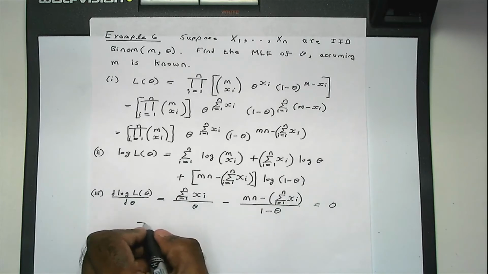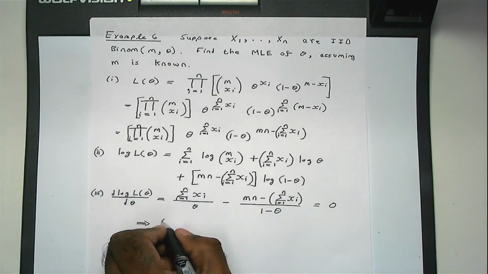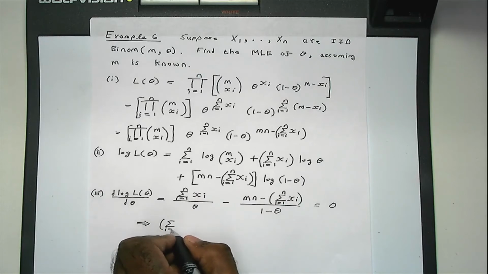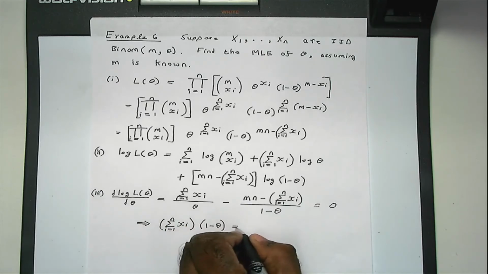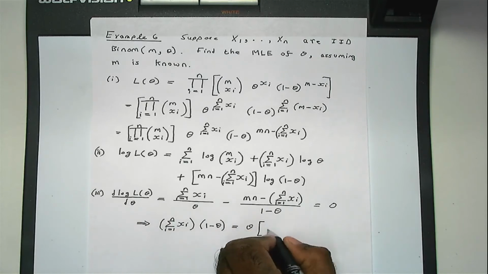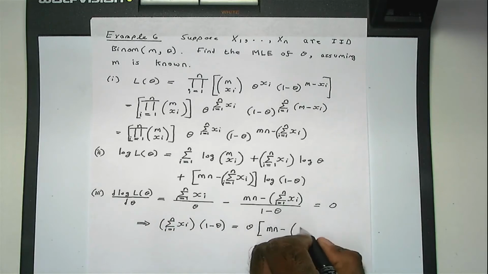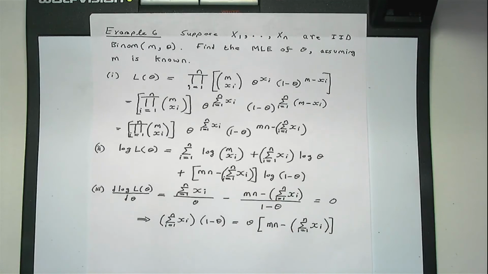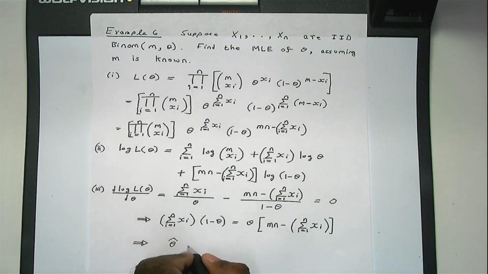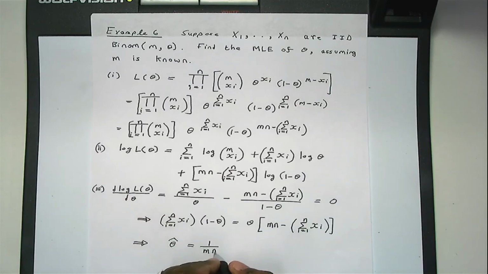Solving this equation for theta will give you theta hat, if I call this the solution, equal to 1 divided by mn times the sum of xi.